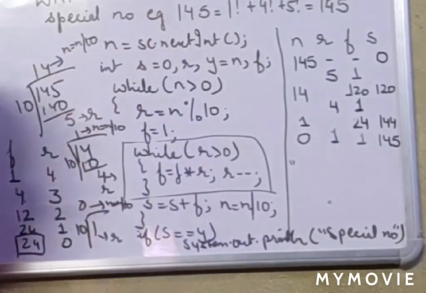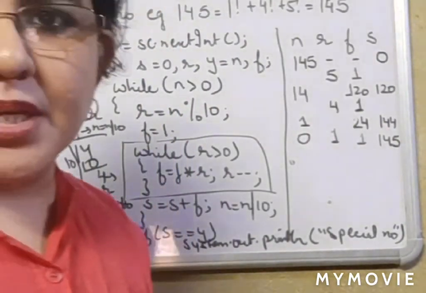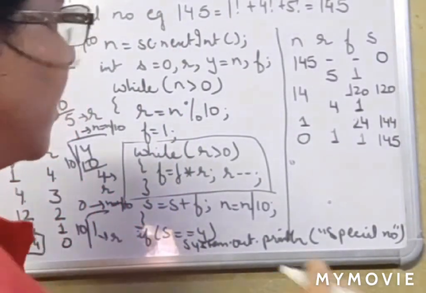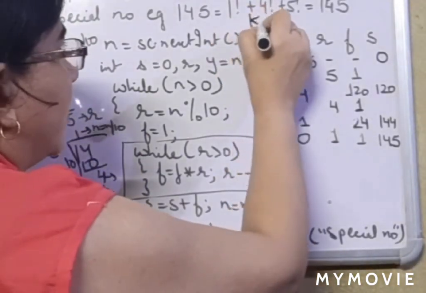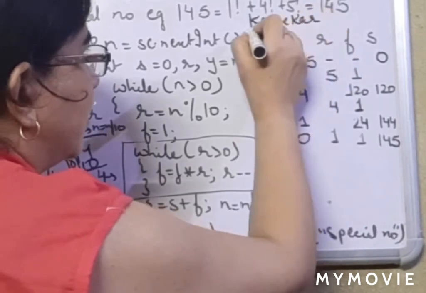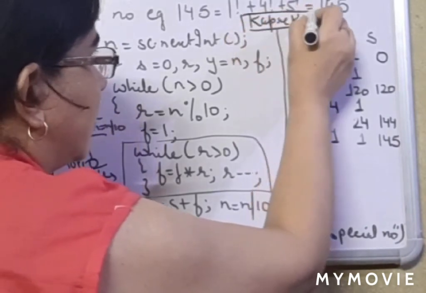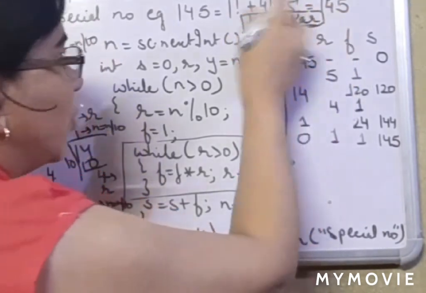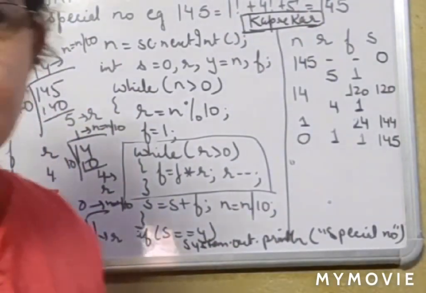Sometimes in some schools, special number is also said to be a Capricorn number. It is the same. You just have to look at the logic of what the program says.